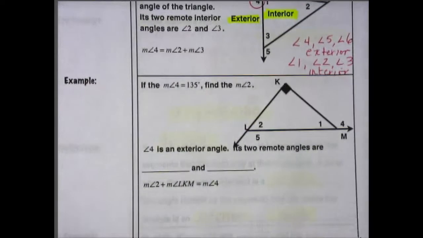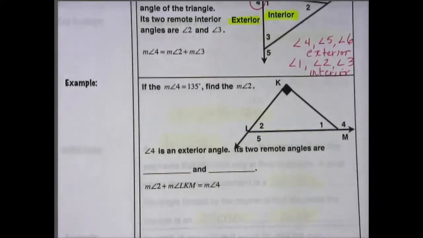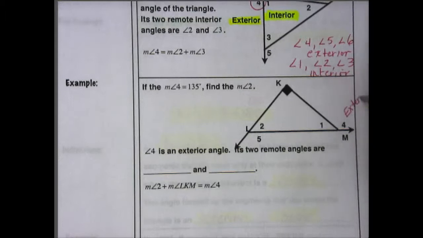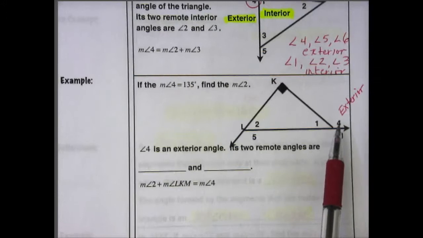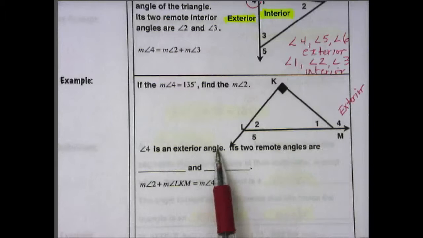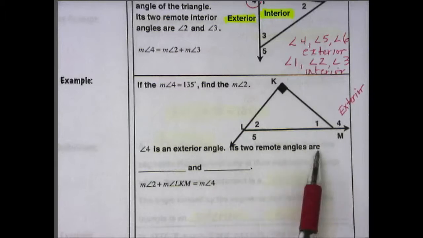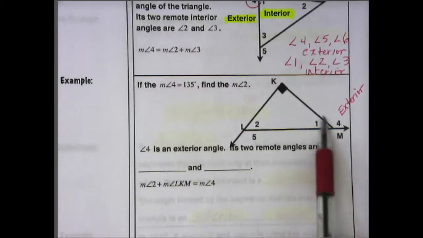So let's look at this example. It says if the measure of angle 4 equals 135 degrees, find the measure of angle 2. Okay. So we know that angle 4 is exterior. In order for us to figure this out, we have to know the two remote interior angles of angle 4. Its two remote angles are, well, it can't be angle 1 because angle 1 is touching, it's adjacent.